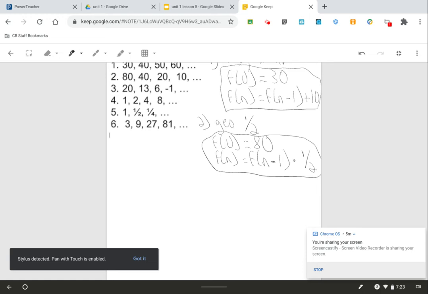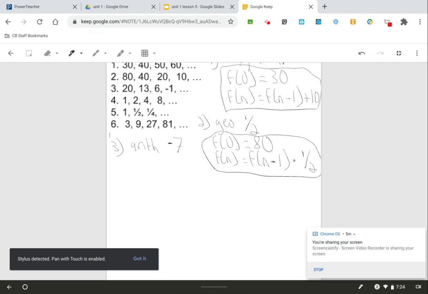Let's do number 3 now: 20, 13, 6, and negative 1. It looks like we are going down by 7. 20 minus 7 is 13, 13 minus 7 is 6, 6 minus 7 is negative 1. So this is an arithmetic sequence, and our common difference is negative 7.